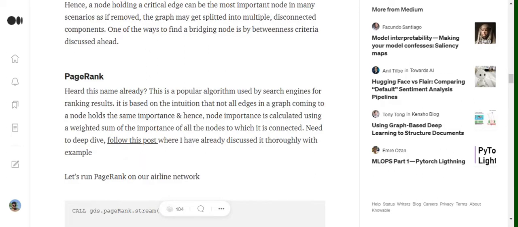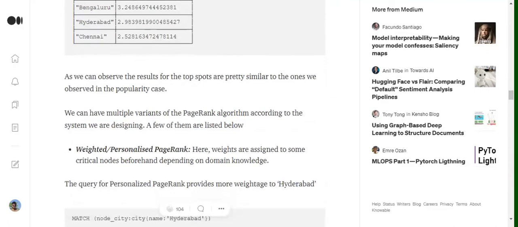Similarly, if you remember, PageRank is used for ranking the search results in search engines, where a URL coming from some page to a page X determines the importance of page X. So here also it is the same: any edge coming from the neighborhood to a particular node determines the importance of that node. So its neighbors are determining the importance of a particular node and not itself. We won't be discussing PageRank much because we have already discussed it in a previous vlog.